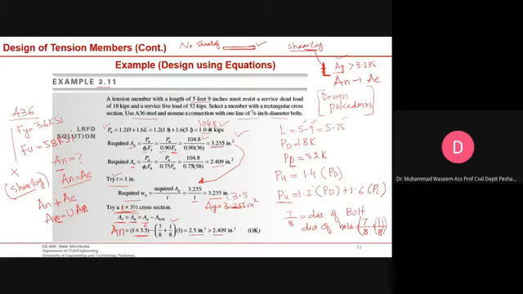So in this way you can calculate the diameter of the hole if you know the diameter of the bolt. Okay?